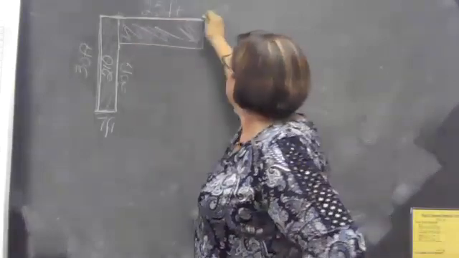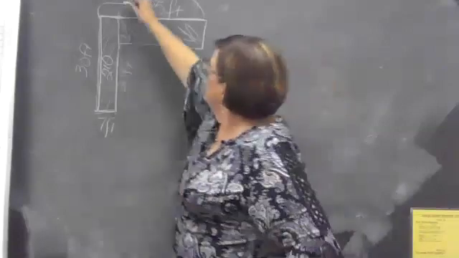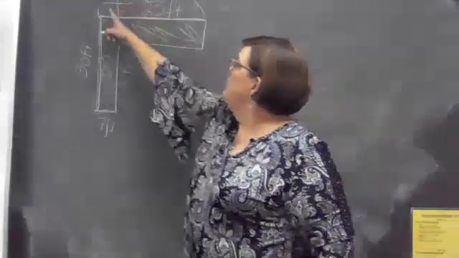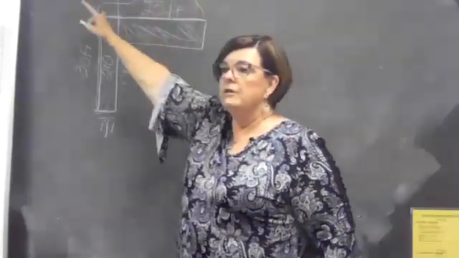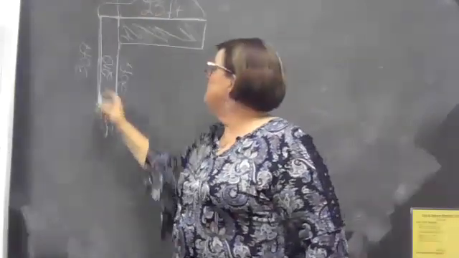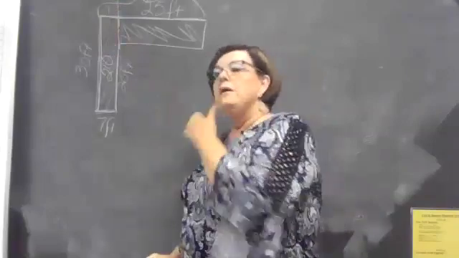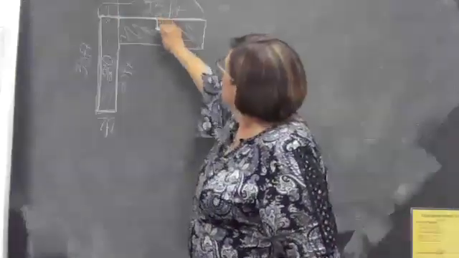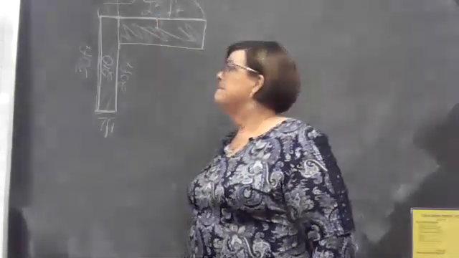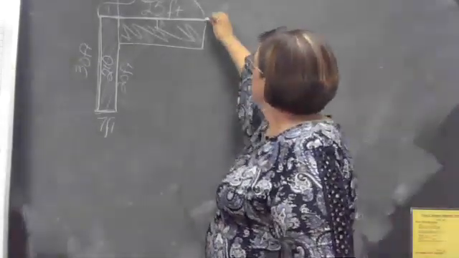So 25 is this whole thing, but I don't need this part. So what part am I taking away from that full thing? 7 feet. I'm taking away 7 feet right here. So 25 minus 7, the length is going to be 18, isn't it? 25 minus 7. Mm-hmm.